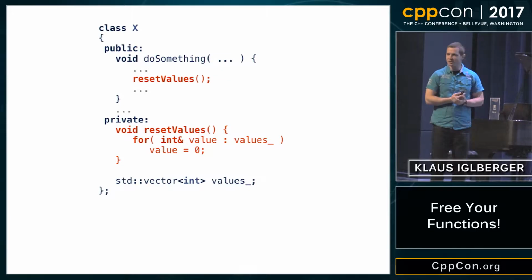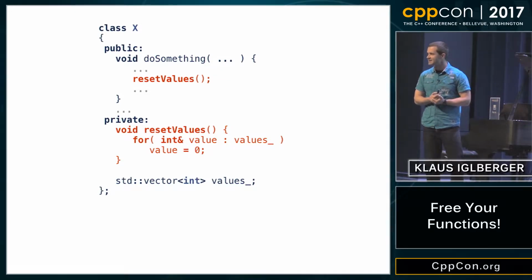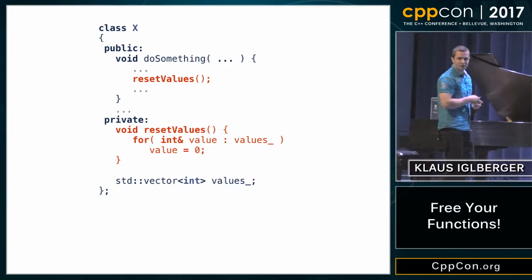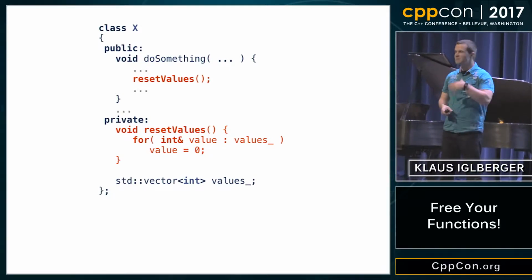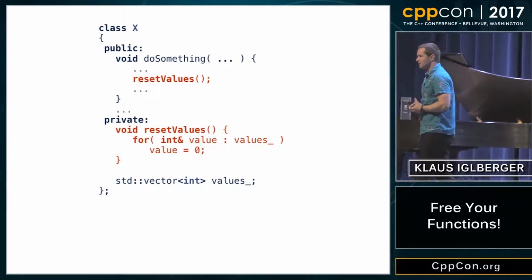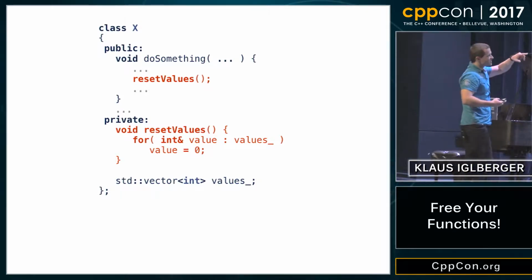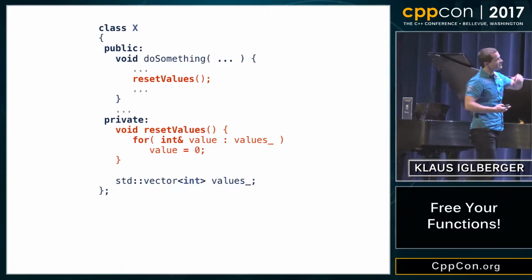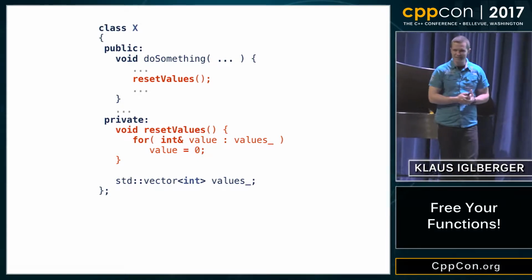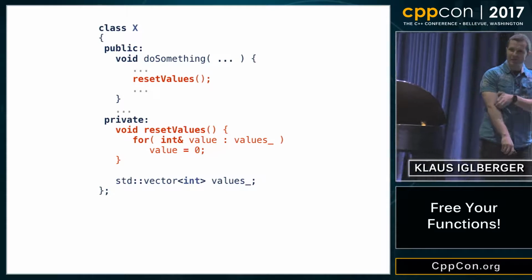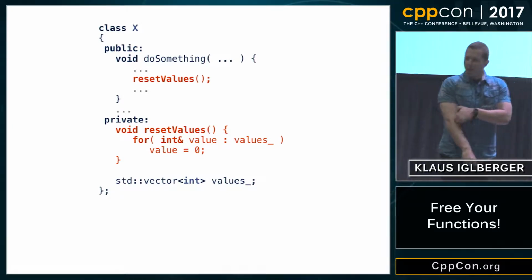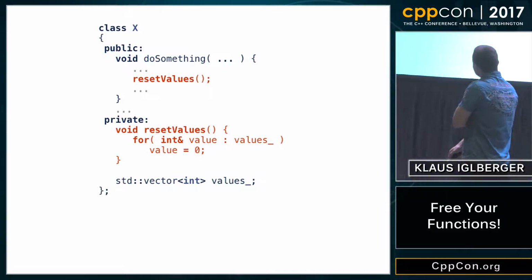So there is something that we don't see, but this is actually a real dependency. That this pointer actually makes this function depend on class X. Yes, I need it because I internally access the values member. But is it really necessary? Is this truly something that I have to depend on? I would argue, actually, no.